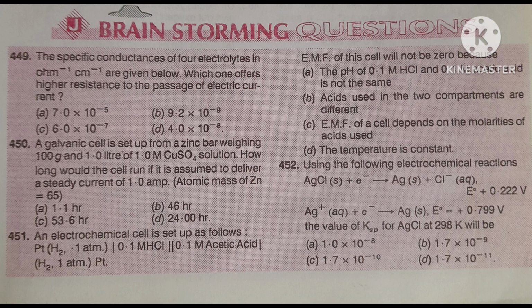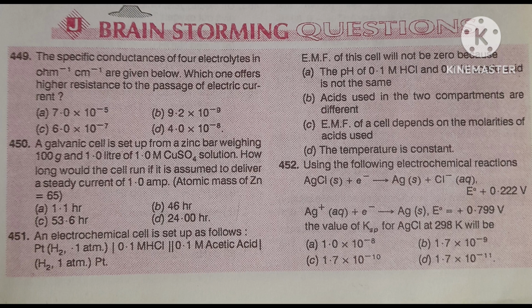Correct? Then you were supposed to calculate how long the cell would run if it is assumed to deliver a steady current of 1 ampere, means I is equal to 1 ampere. Then Q is equal to I into T, then T is equal to Q upon I, where I is equal to 1 and Q is equal to 2 into 96,500.